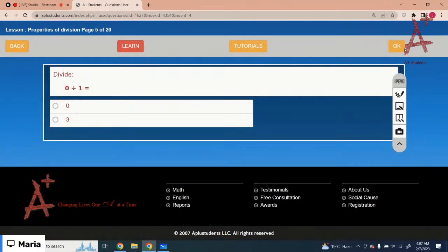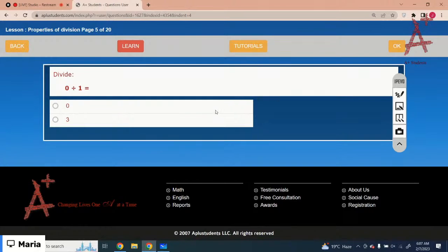Okay, the next one is 0 divided by 1 equals.